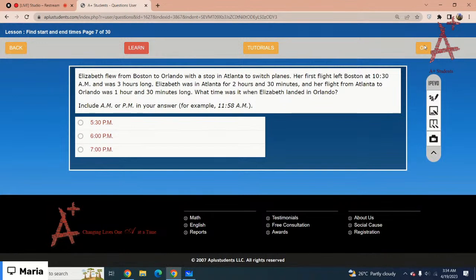She started at 10:30, 3 hours long, then 2 hours 30 minutes. It would be 5 hours 30 minutes. It would be 7 hours. So you have to add.